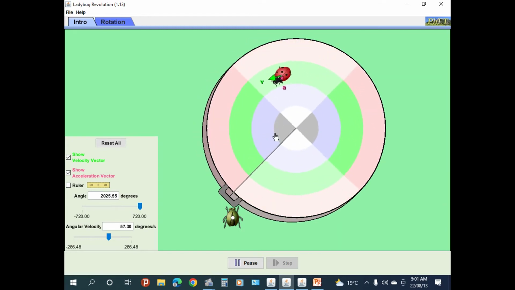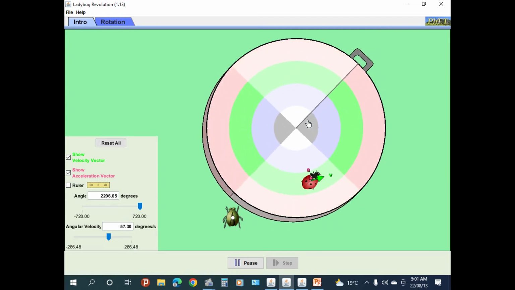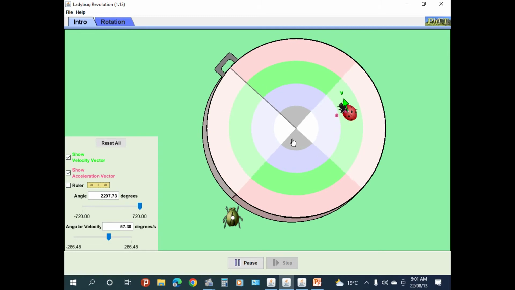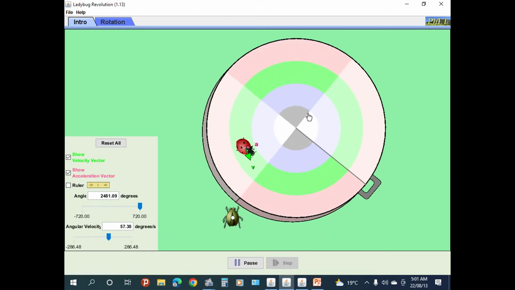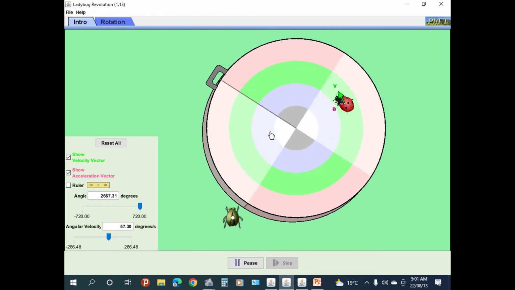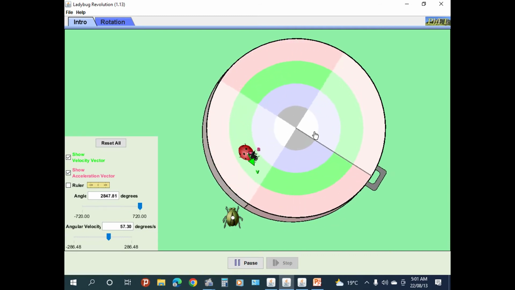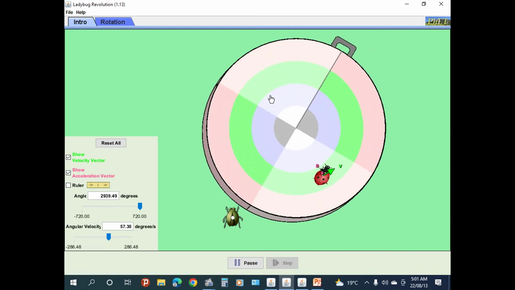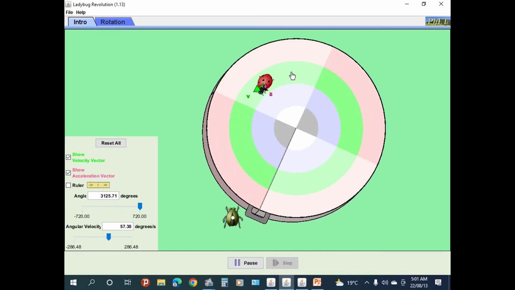The average angular velocity, or the angular velocity at any point, is equal. Here the black one covers the angle subtended in equal time, and so do the blue one and the green one.